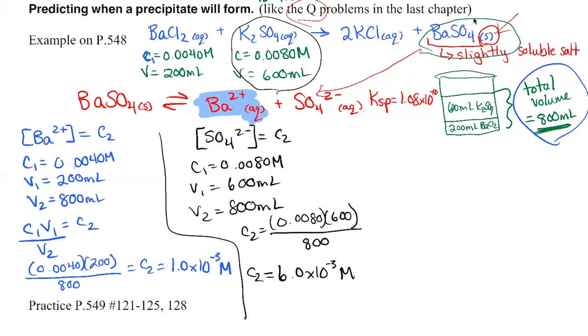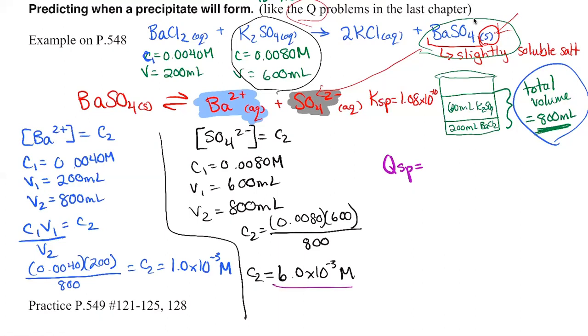Now that I have those two concentrations, I can now find Qsp. So Qsp is just like finding Q before, so it's the same expression as the Ksp, but we're not necessarily using the molar solubility concentrations. We're using whatever concentrations we've got.